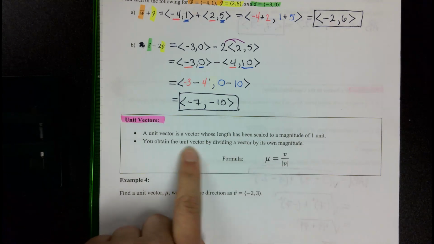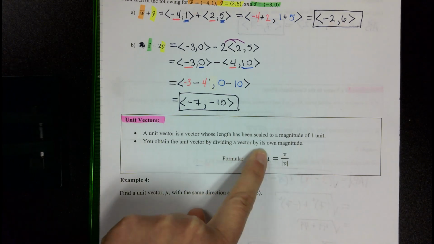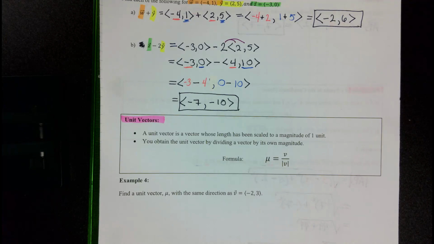You obtain the unit vector by dividing a vector by its own magnitude. And so we just did magnitude with the distance formula, so that's what we're going to use.